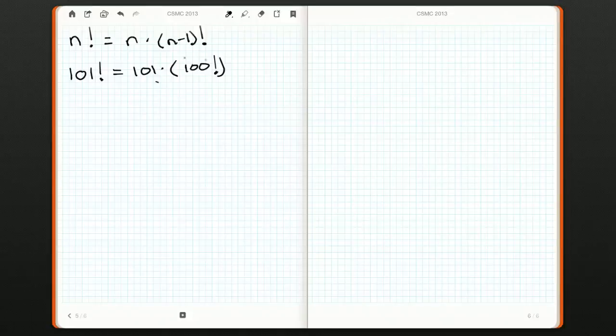We're just separating it out a little bit. That's all well and good, but we're looking for 99 factorials. If we go one step further, we get times 99 factorial. So 101 factorial is 101 times 100 times 99 factorial.